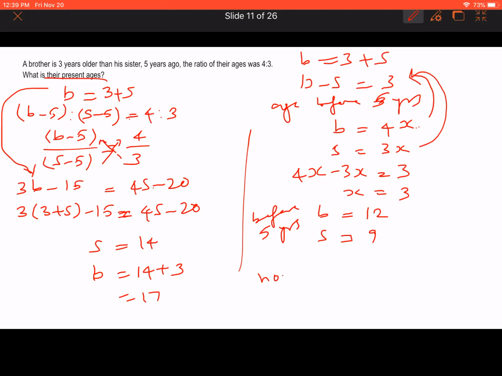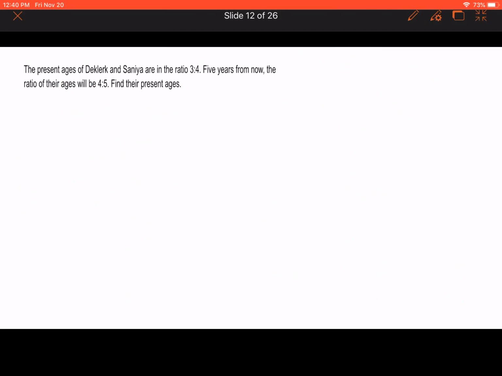So now there will be 5 years older, right? So it will be 17 and the sister will be 14, okay. So this way also you can solve the problem, whichever is more understandable and easy for you, you can do it.